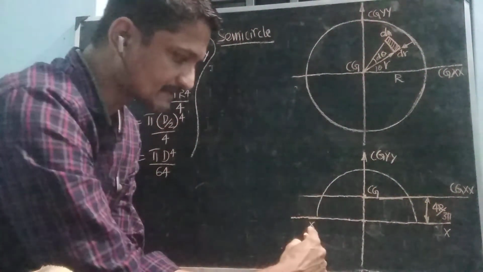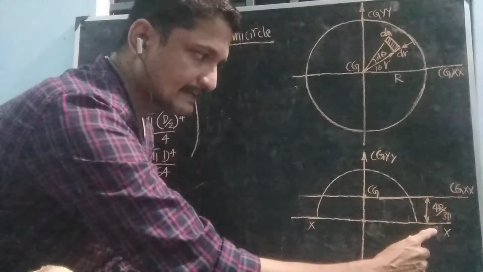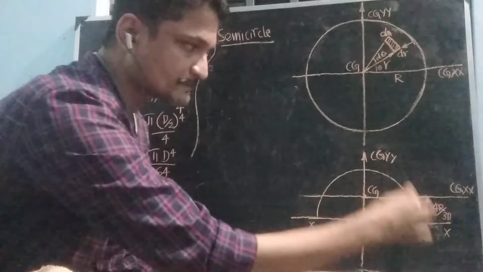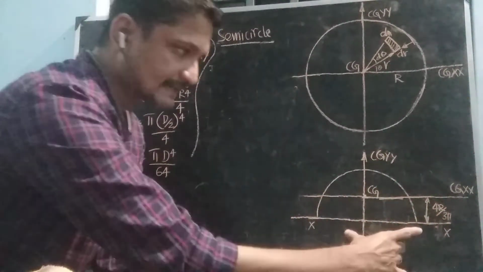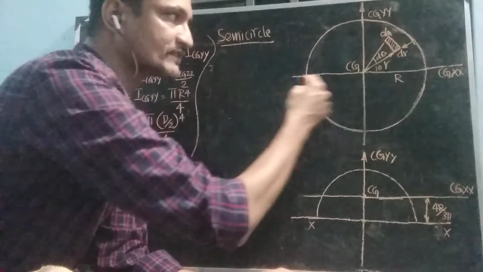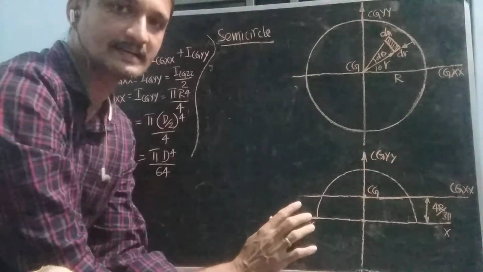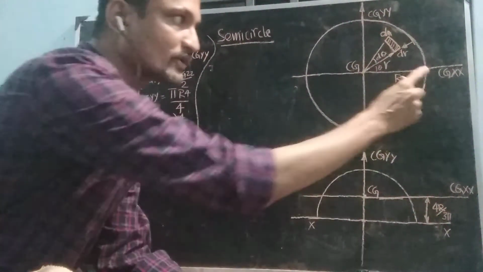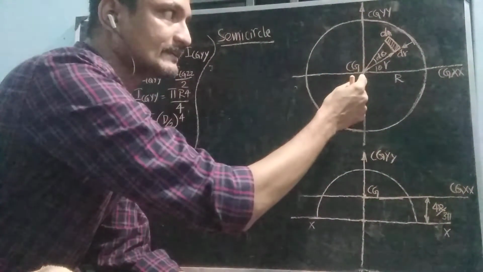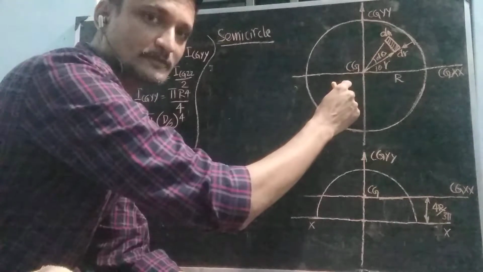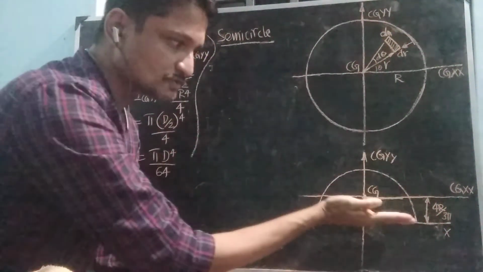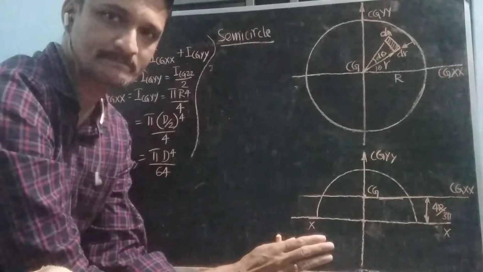Here we can represent x-axis as an axis which is passing through the base of the semicircle. This x-axis is exactly similar to the centroidal x-axis in the case of circle. The centroidal x-axis in the case of circle is exactly same as the x-axis which is passing through the base of the semicircle.